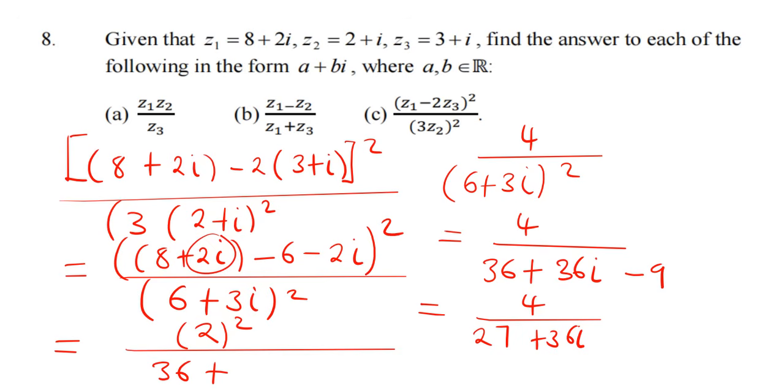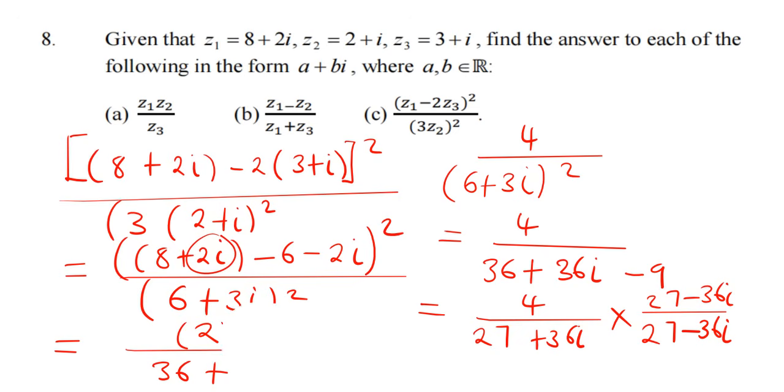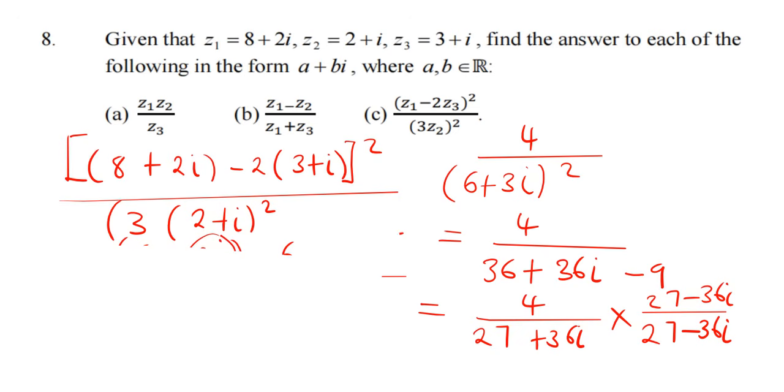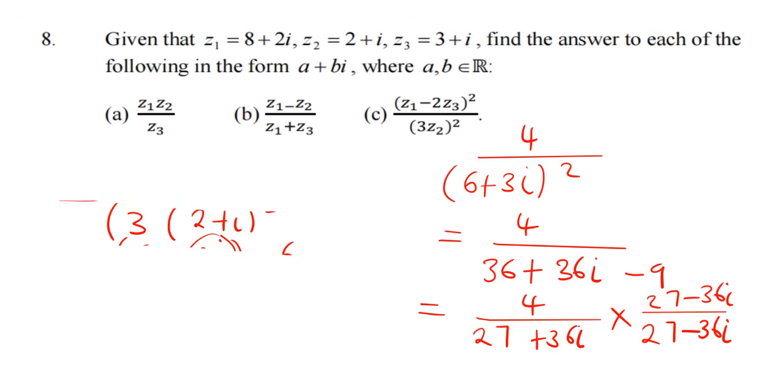Okay, so now that we've reached here, that's where we do the conjugate. So we're going to multiply by the conjugate, 27 minus 36i over 27 minus 36i. Allow me to rub the other side. Now we're going to have the 4 multiplying with everything that we have on top.